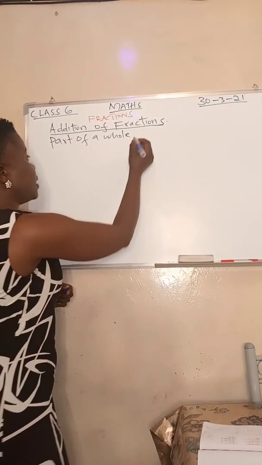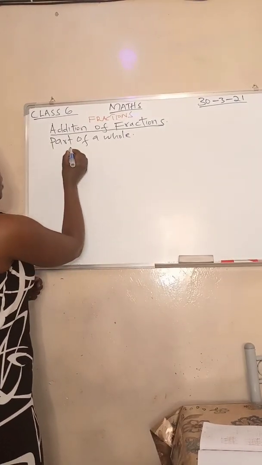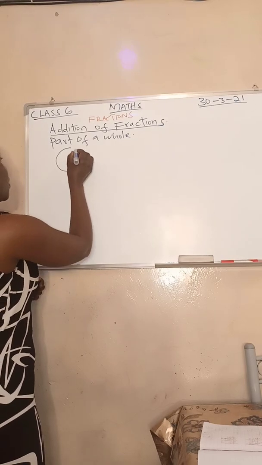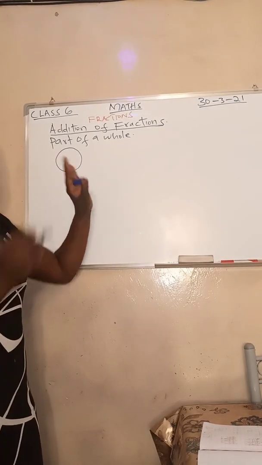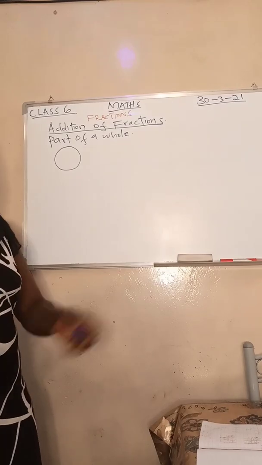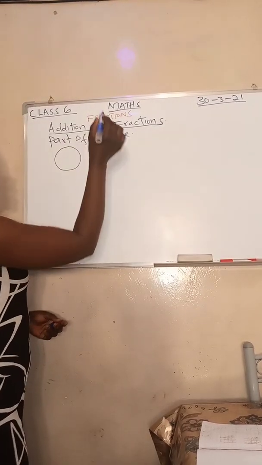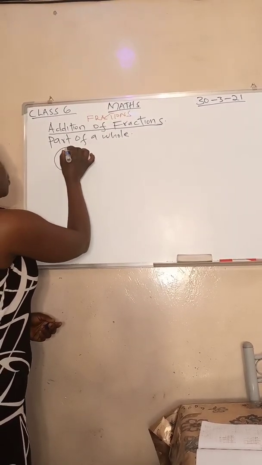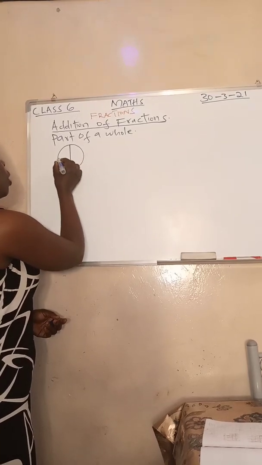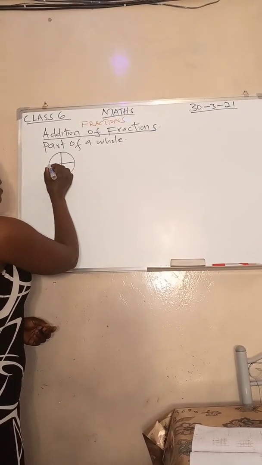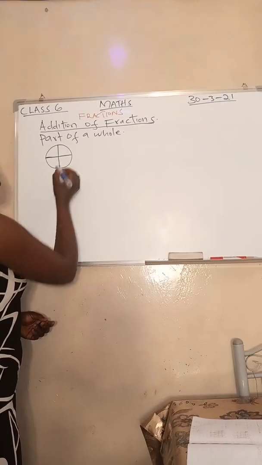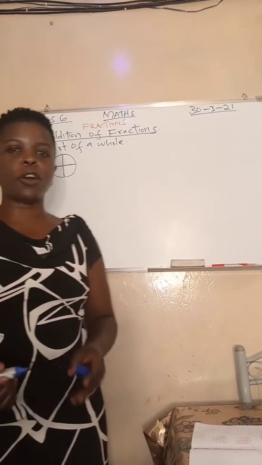Let me demonstrate that. For example, if I have my mango or an orange or just a whole, let me call it a whole circle. Now, if I divide it into, let me choose to divide it into 4 equal parts. The word is equal. They must all be equal. So I've decided to divide them into 4 equal parts.